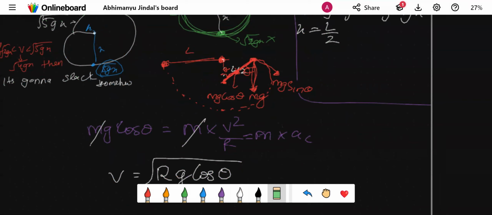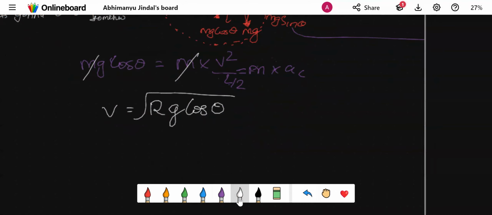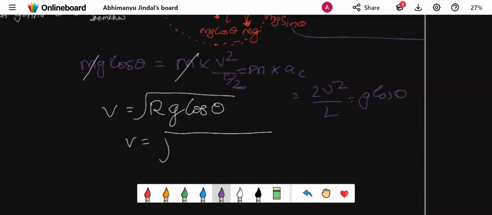R was x here, which was L by 2. So 2v squared by L equals g cos theta. So v equals root of lg cos theta divided by 2.